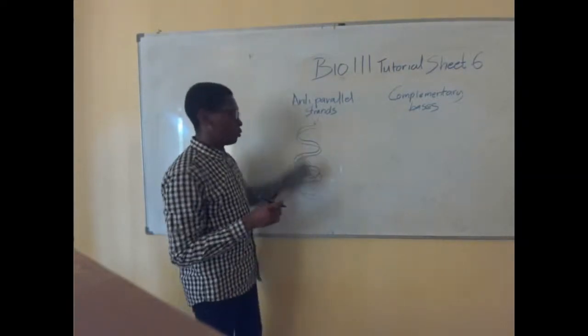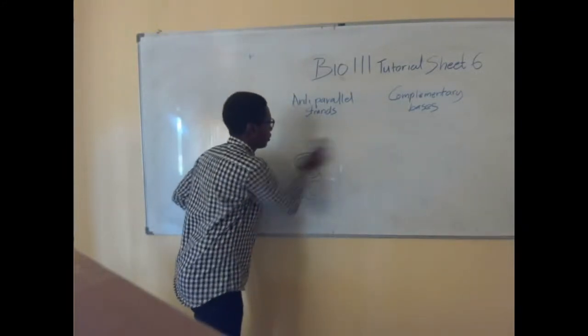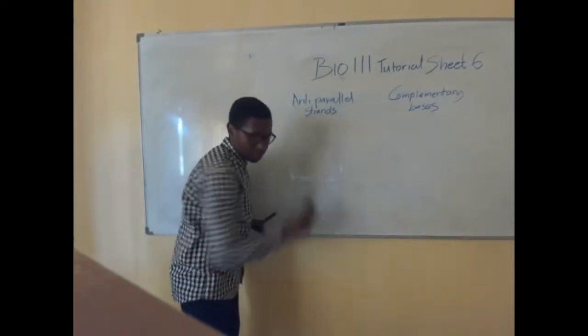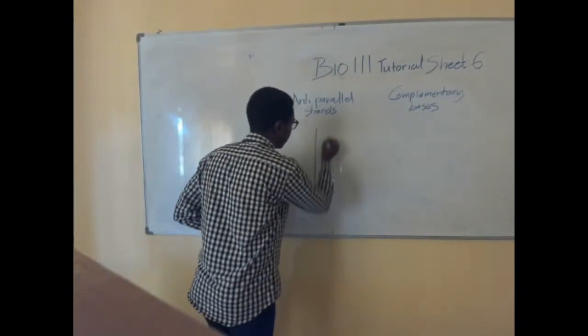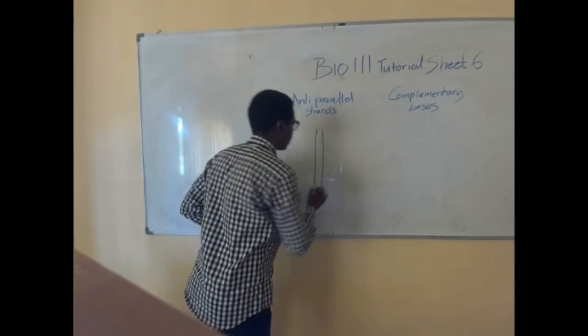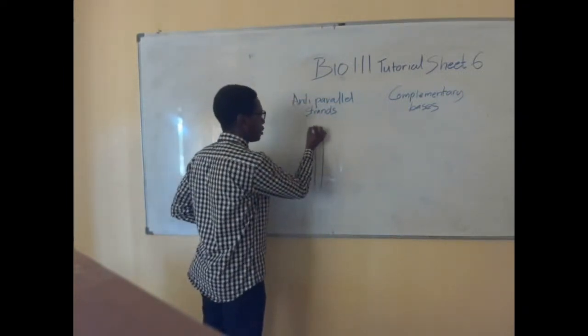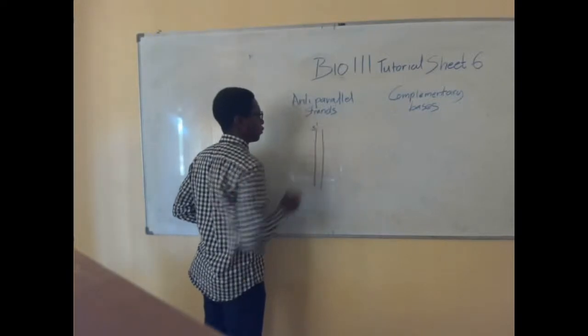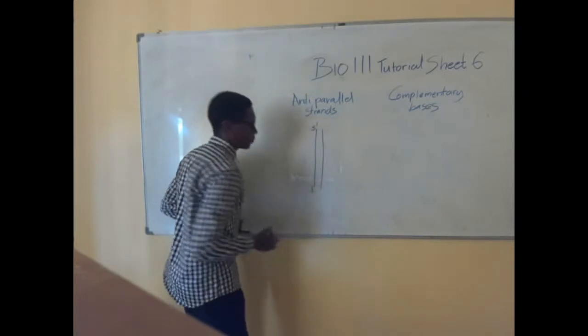For illustration purposes, let me draw them straight so that you're able to see, but we know that in actual sense it's a double helix. So we have one strand there and the other strand there. If this strand ends with a phosphate group, this end will be the 5' end, and this side a 3' end.